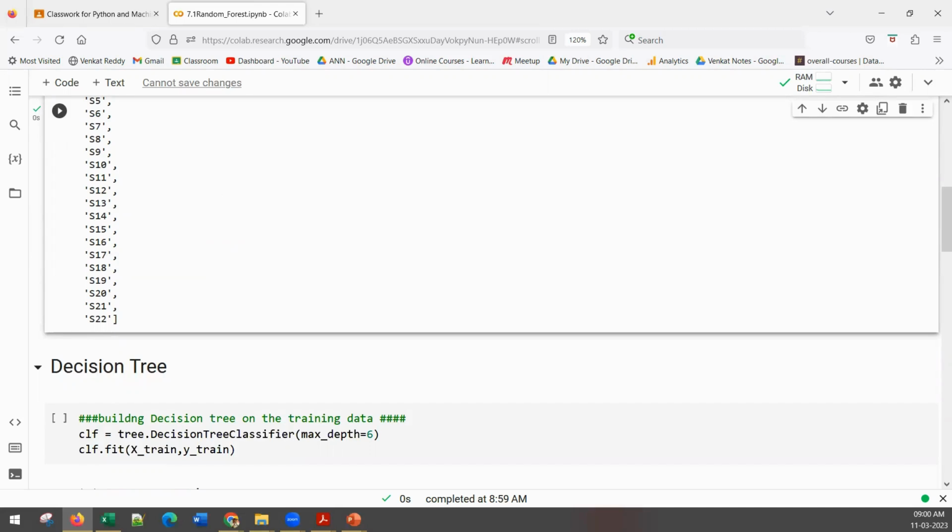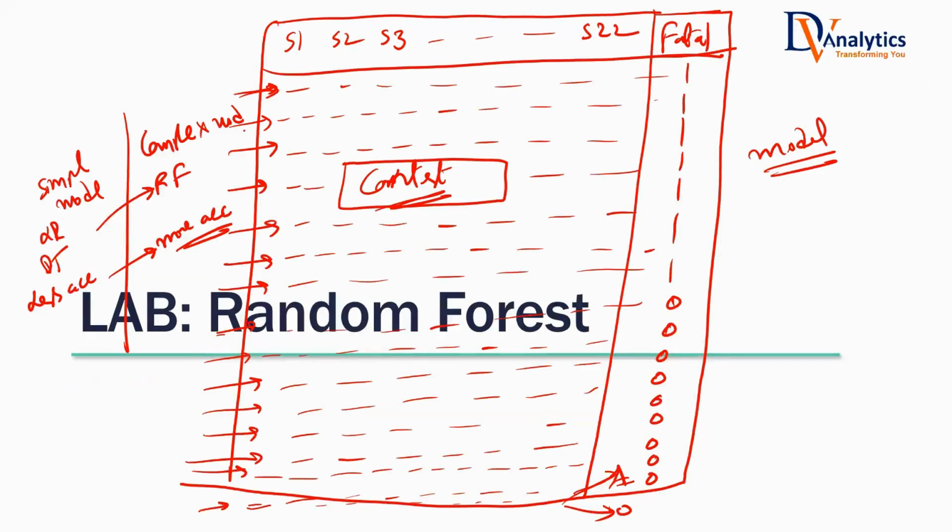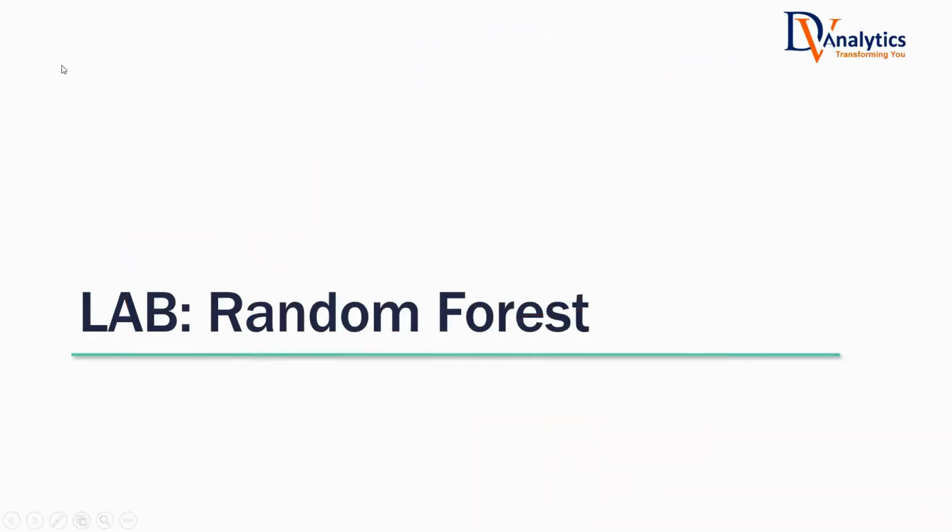That means if I'm building a random forest model, I should know the minimum accuracy it should achieve. That's why let us start with the decision tree model and see what accuracy we get. So go ahead, build a decision tree model. Tell me the train accuracy and test accuracy. How much is the train accuracy? How much is the test accuracy for this decision tree model that you are building?